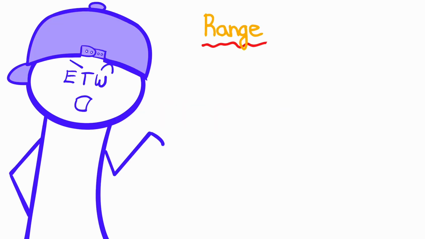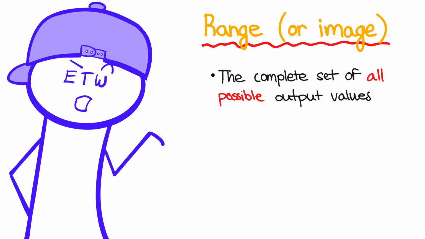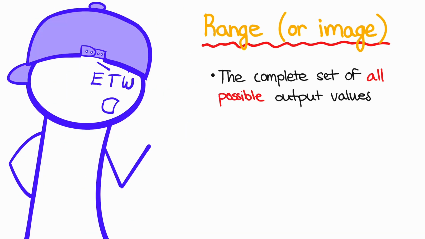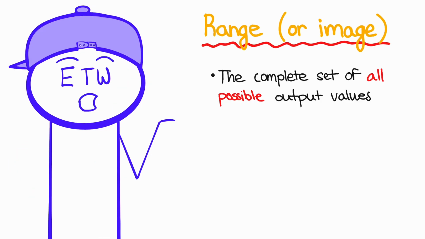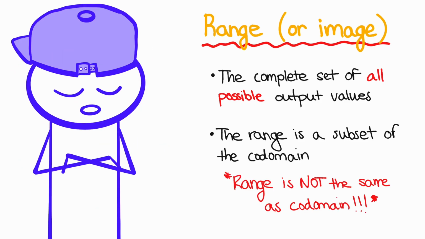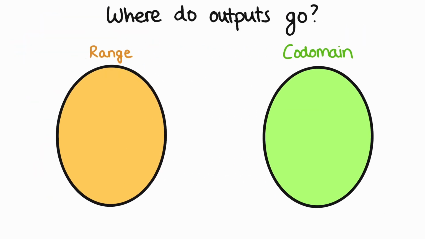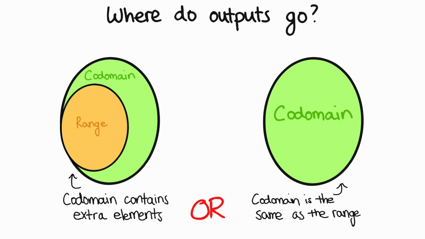The range, or the image as some people might call it, is also going to be another set, except this set contains all of the outputs your function can actually give you. It is similar to the codomain, but they are completely different sets. Your function's outputs are in both the range and the codomain, except that the difference lies in whether the codomain may or may not contain extra elements.